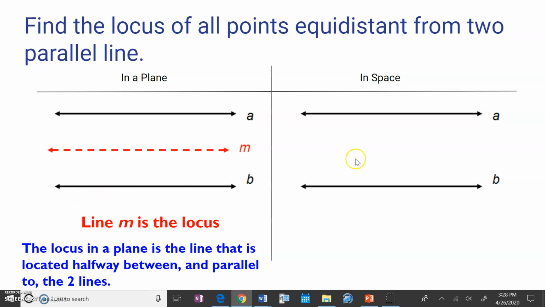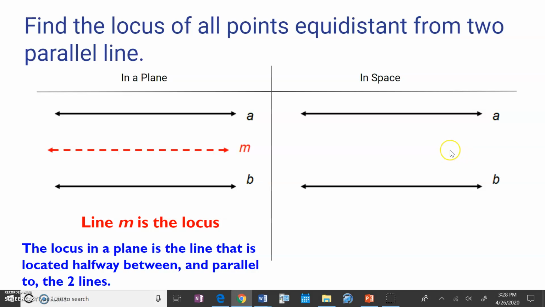Now, think three-dimensionally here when we're talking about in space. Sure, that line still is equidistant, but what if we stepped out towards you in front of that line, or kept moving backwards behind that line and kept moving back, back, back? That's also going to be equidistant. Essentially, think about taking a piece of paper through your computer screen right now, right where line M is here.